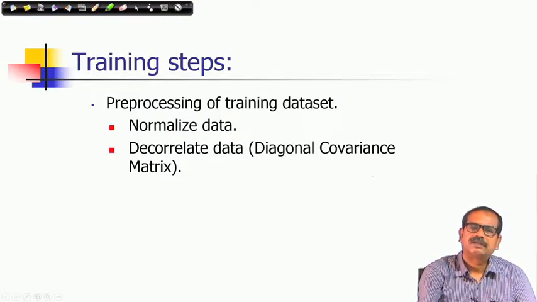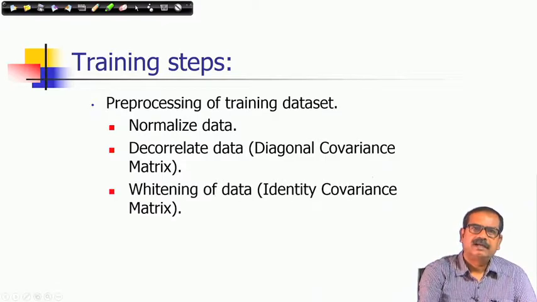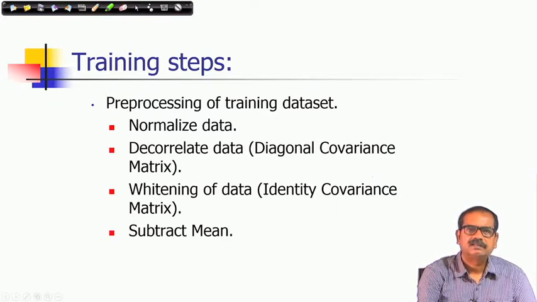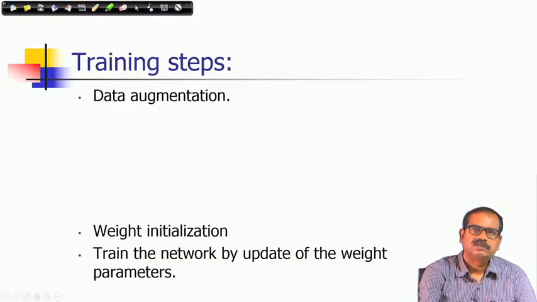We know decorrelation of data is principal component analysis that we have learned, and whitening of data gives an identity covariance matrix. So, during normalization you have to divide by the variances, normalize the ranges, or subtract the mean. So, there are different kinds of preprocessing operations involved while using this data for computation.